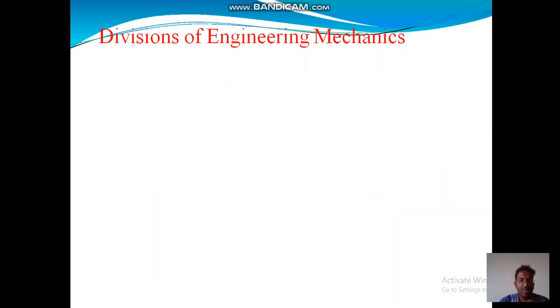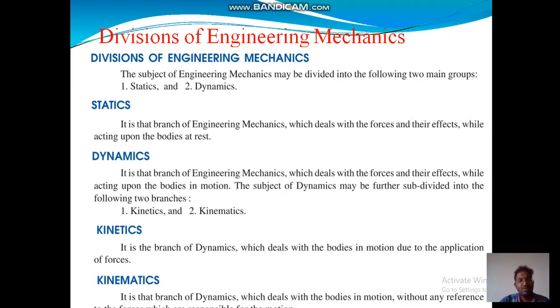Division of engineering mechanics. How is engineering mechanics divided? Engineering mechanics is divided into two categories: statics and dynamics. Everyone keep in mind, here we are discussing only force, focusing only on force. Under the action of a force acting on a body, whether it may be rest or motion condition, we can say it is engineering mechanics.